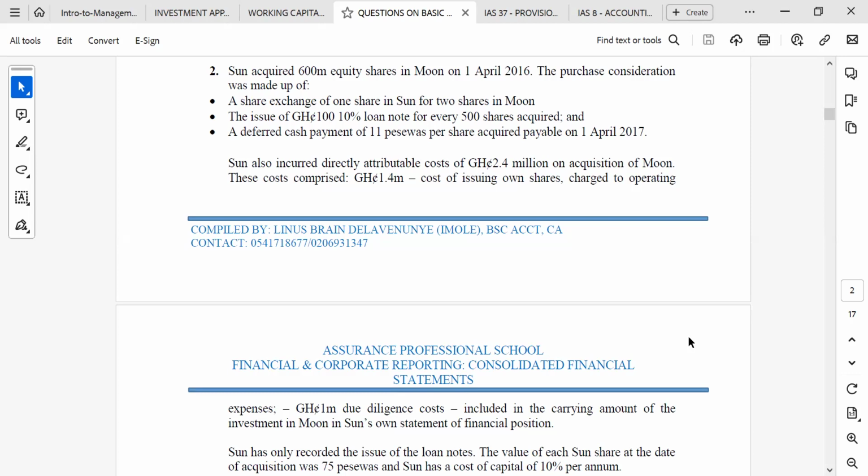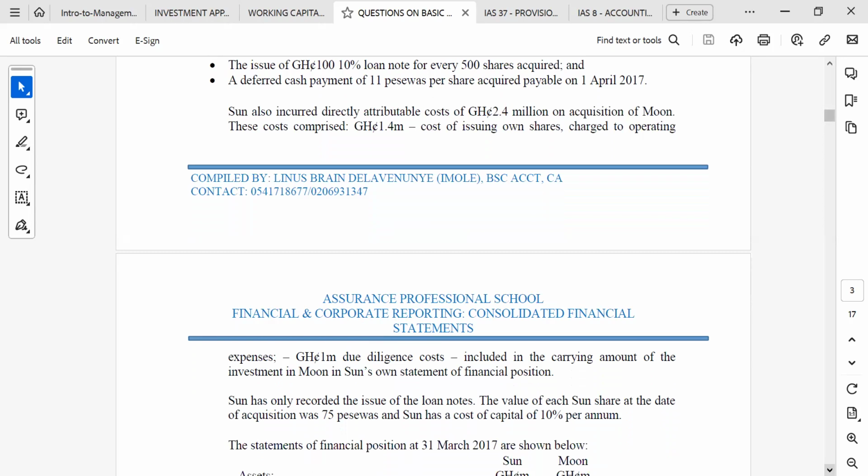Okay. All right. Let's come to the 1 million due diligence cost included in the current amount of the investment in the statement of financial position. How should the due diligence cost be treated? Expense. But what did we do?